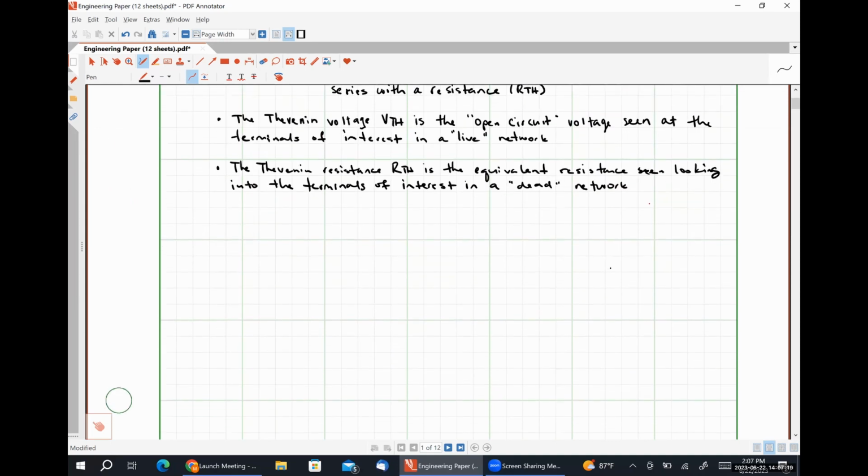So I'm just going to make up a circuit here. Volt source here. A 4 ohm resistor here. Let's put a 6 ohm resistor here. A 10 ohm resistor here.